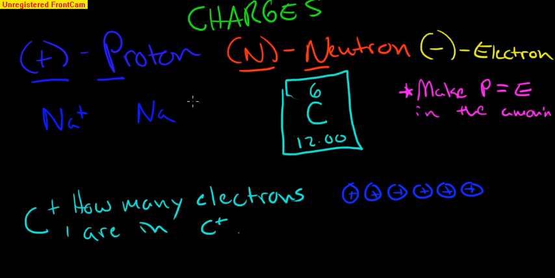I ran out of page. All right, so first thing I need to do is make the number of protons equal the number of electrons. So I have 6 protons. I need to make this have 6 electrons, okay?